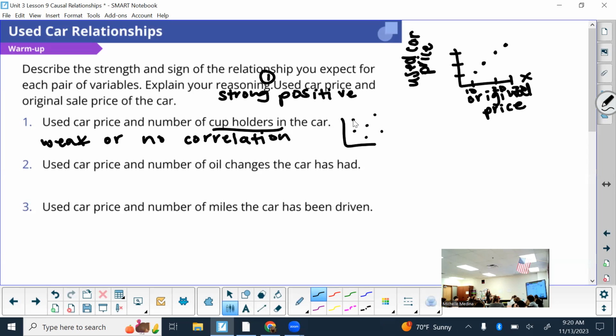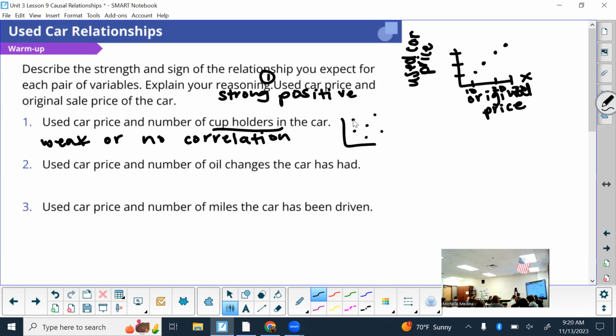I don't know how much you guys know about cars, but how often are you supposed to change your oil? I know like every 5,000 miles. So now that I told you that, about every 5,000 miles, you should be changing your oil.